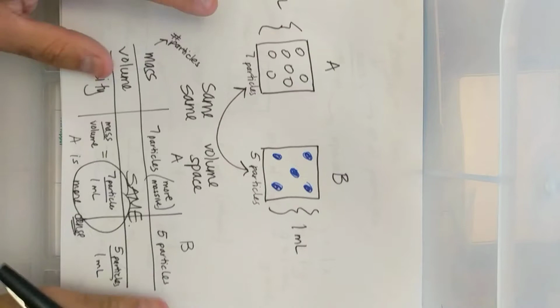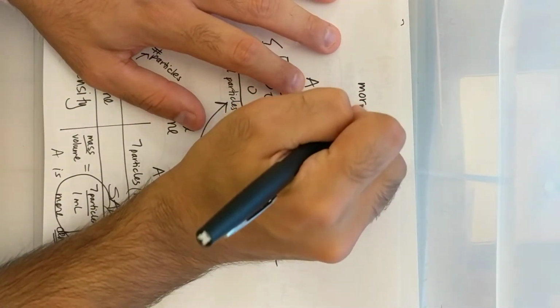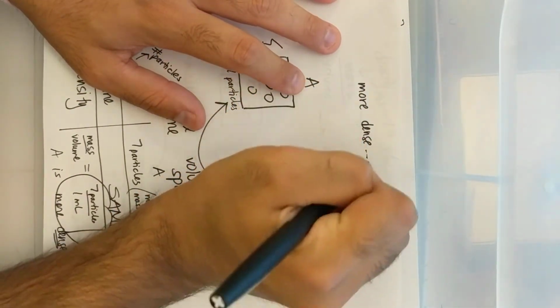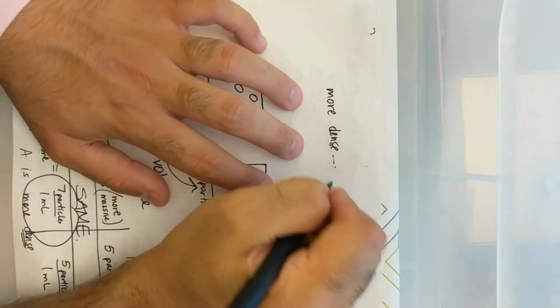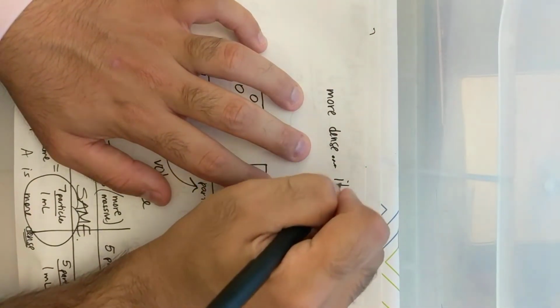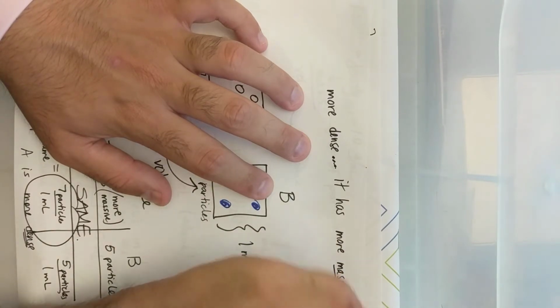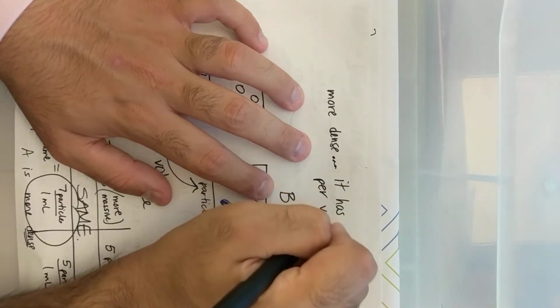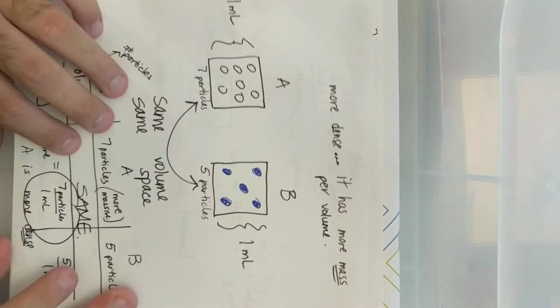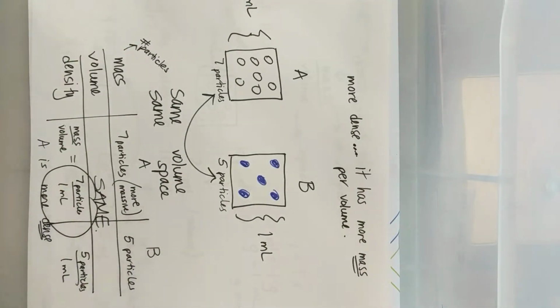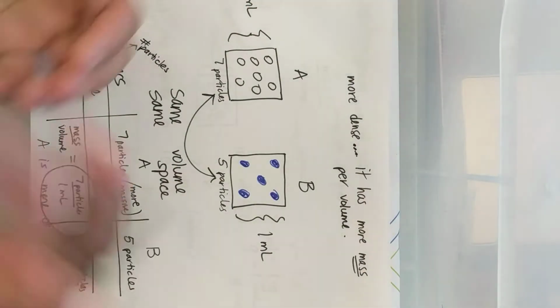Which means if I say something is more dense, what I'm saying is it has more mass per volume. When something is more dense, it has more mass per volume. If it's less dense, it has less mass per volume.